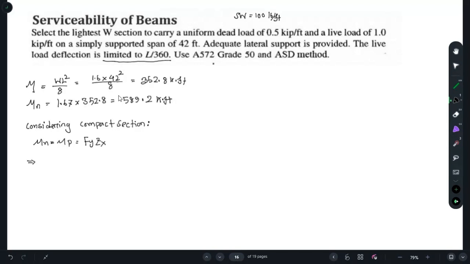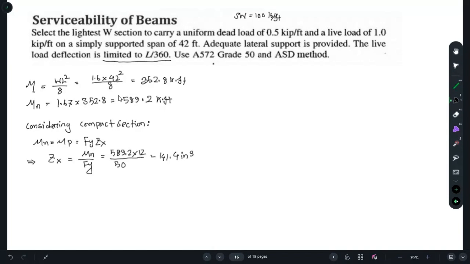From here you can find out the value of Zx. That would be Mn over Fy. In this case, Mn is 589.2 kip feet. I will convert it to kip inch, and I'll divide it by 50 ksi. So for that, I'll have a Zx value of 141.4 cubic inch.